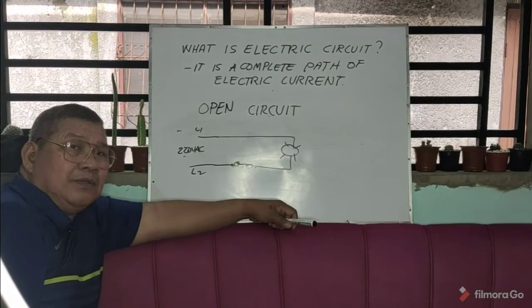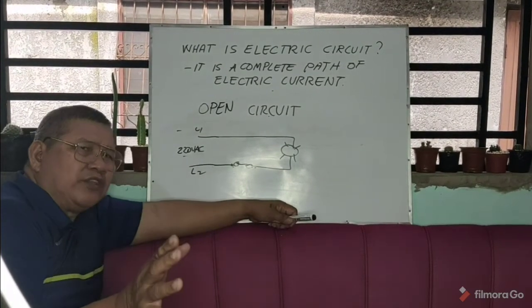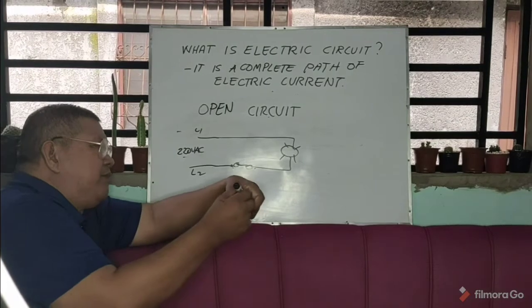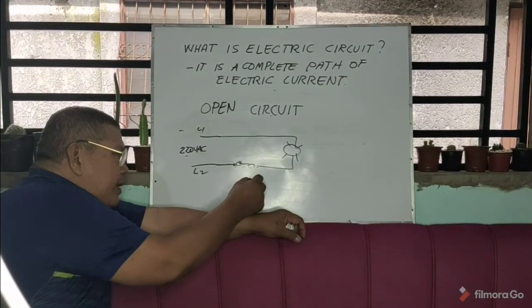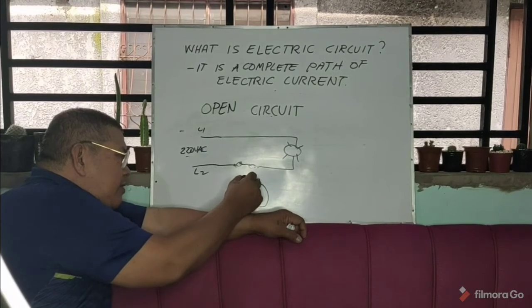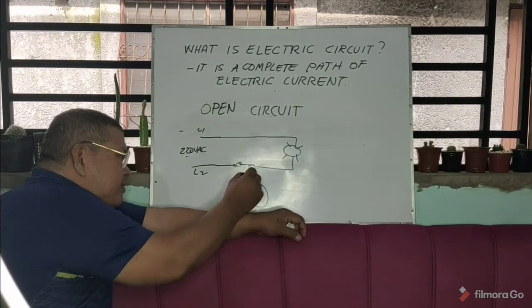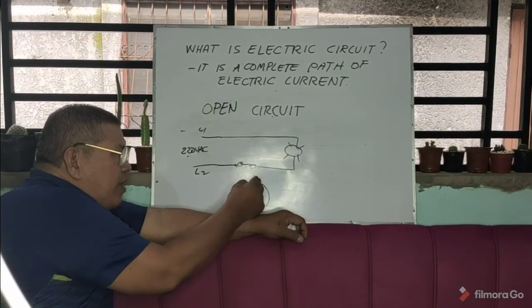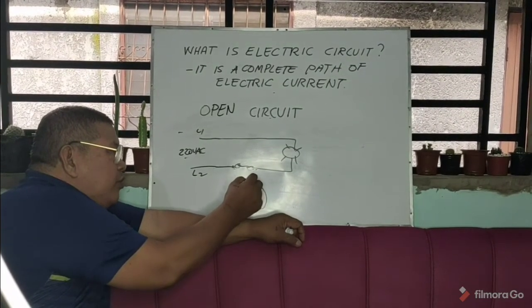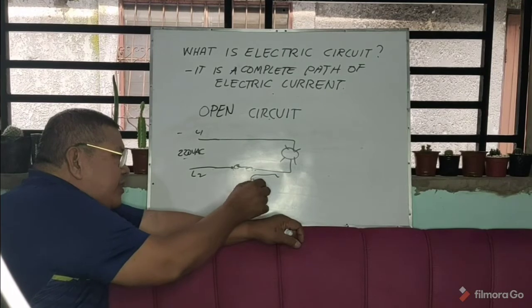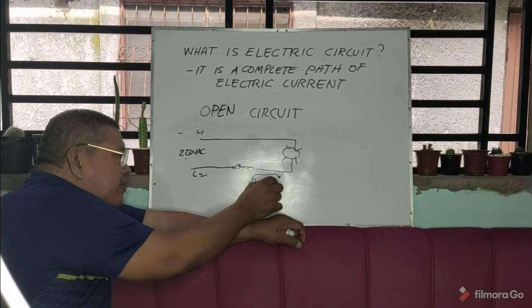So what you will do, again, you get your tester. This is your lamp, and this is the terminal of your lamp, and this is the screw part of the lamp. You have one test rod of your tester here and another test rod here.